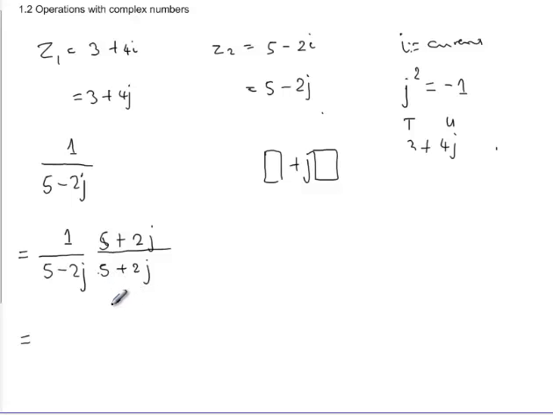Beautiful. Denominator, what do we have? Factors of difference of 2 squares. Then we write 5 plus 2j over 5 squared minus, what am I writing here? I'm writing the difference of 2 squares as I know it. (a plus b)(a minus b) equals a squared minus b squared.